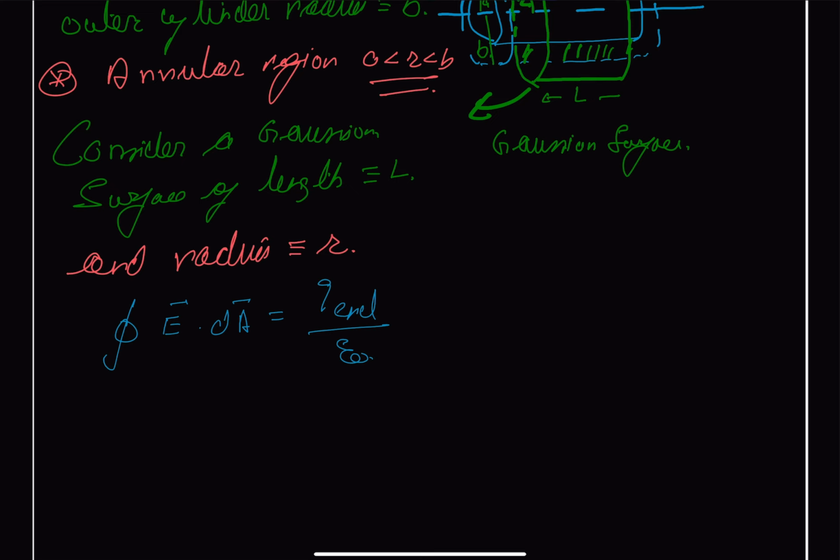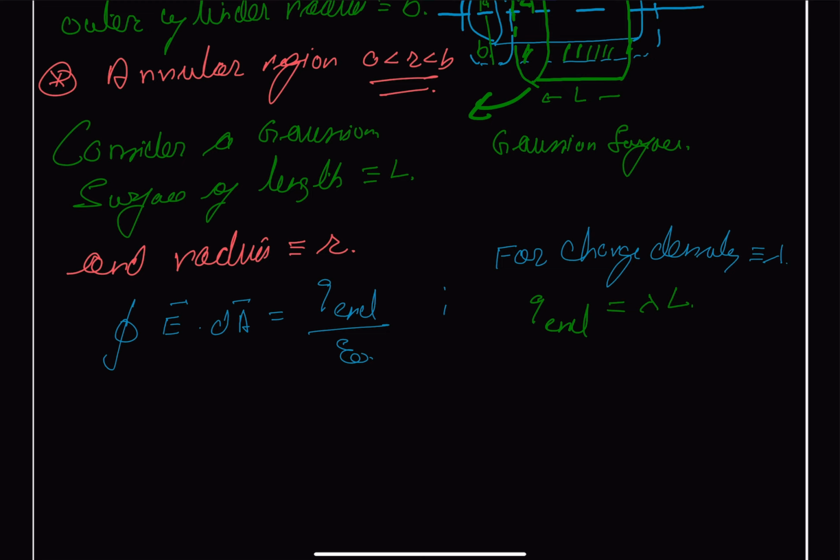Okay. And if you consider a linear charge density lambda, this Q enclosed will be equal to lambda multiplied by length of the Gaussian surface.